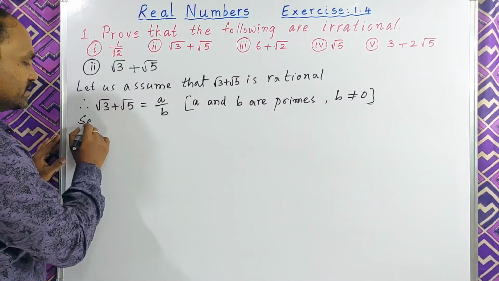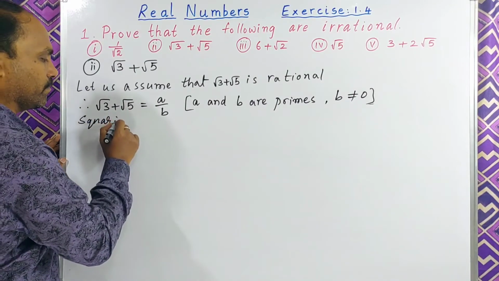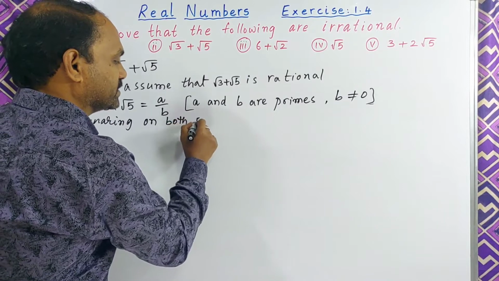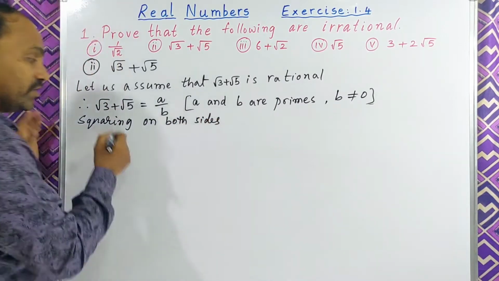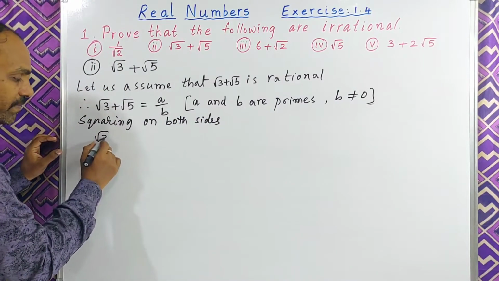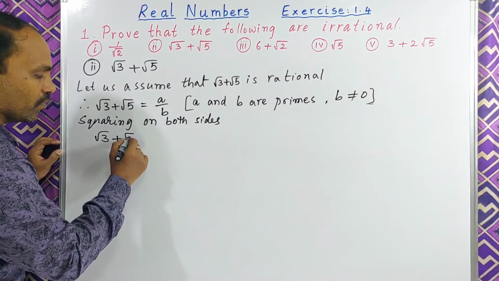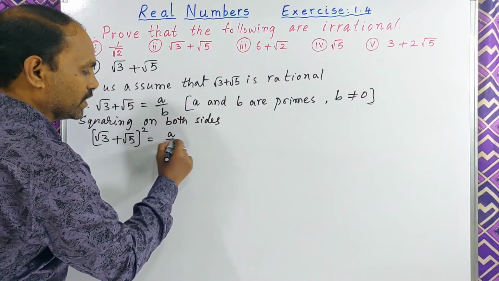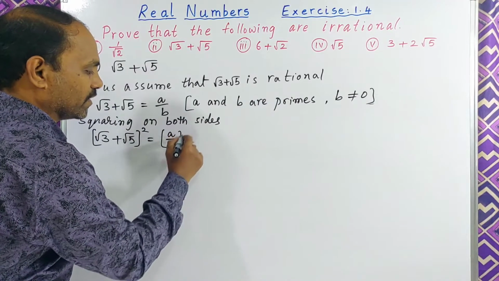Root 3 plus root 5 equals a by b. Squaring on both sides, root 3 plus root 5 whole square is equal to a by b whole square.